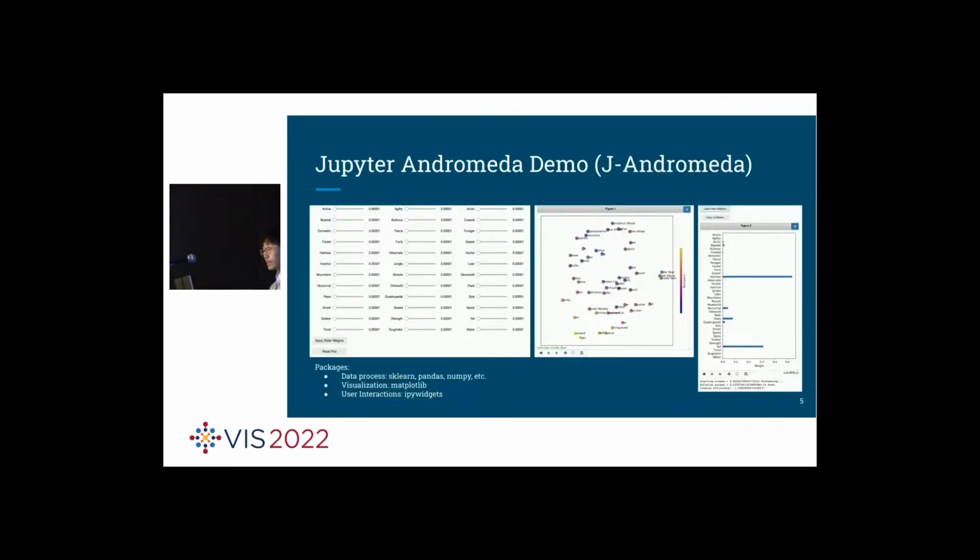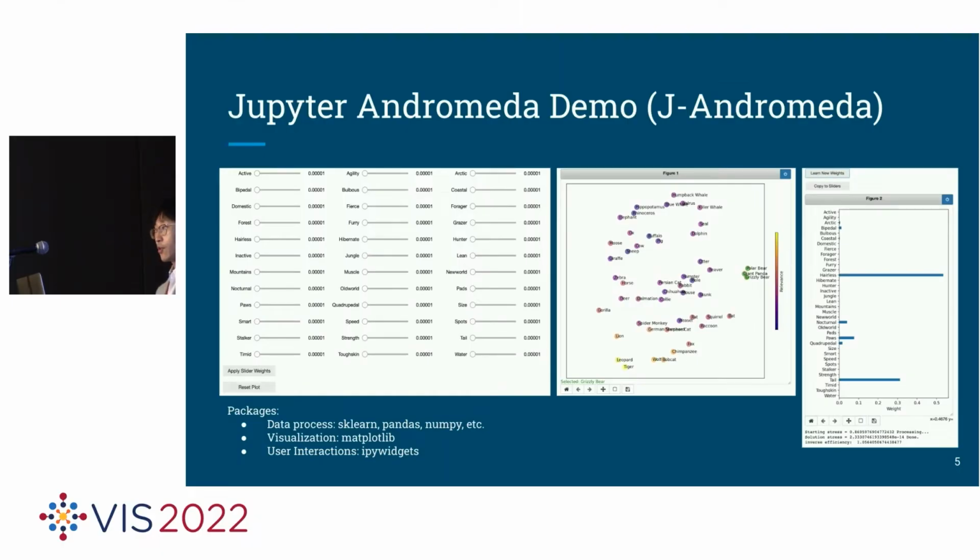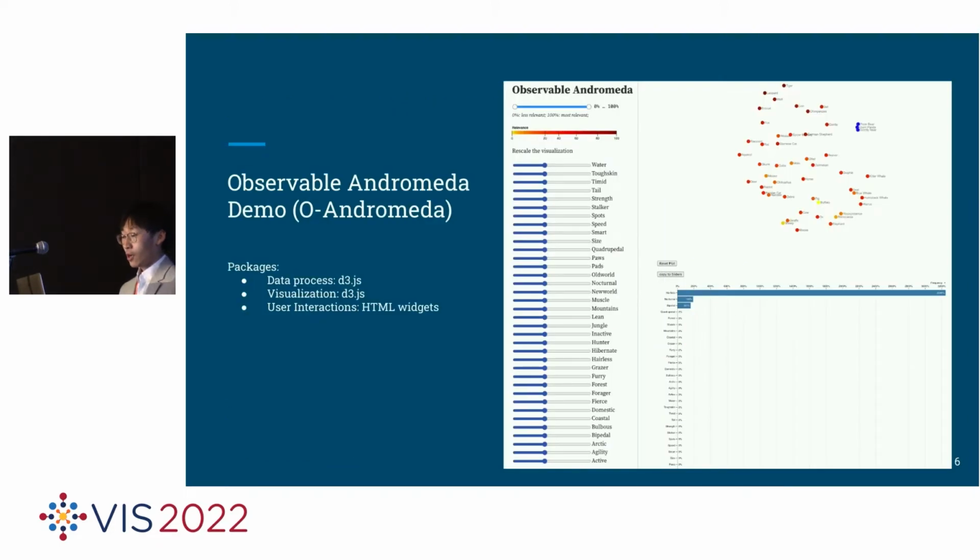Here's the user interface for the Jupyter Andromeda. It contains 3 main components: the sliders, which control the weights for the high dimensions; the scatter plot, which shows the 2D projection of the high-dimensional data; and the bar chart, which shows the inverse dimensionality reduction result. All 3 components are created by Python in the Jupyter Andromeda. The Observable Andromeda is also called O-Andromeda.